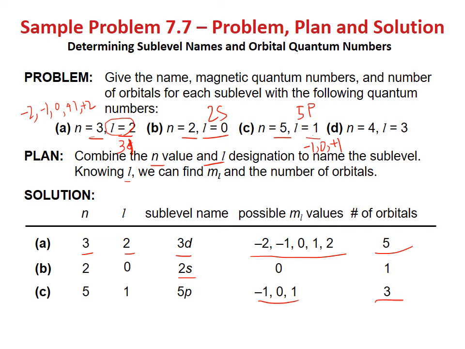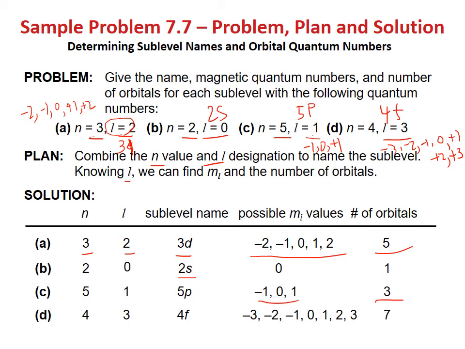Next one, L equals 3, that's an f orbital, and it's a 4f orbital, and the possible values for m are -3, -2, -1, 0, +1, +2, +3. So the total number of possible m is 7, so that is 7 orbitals.